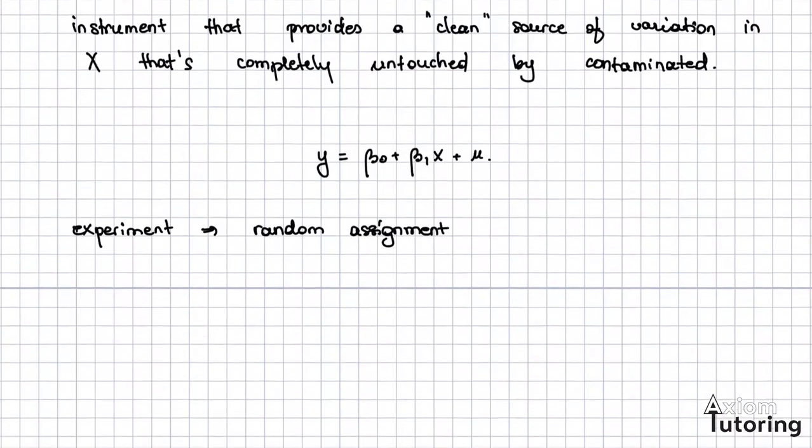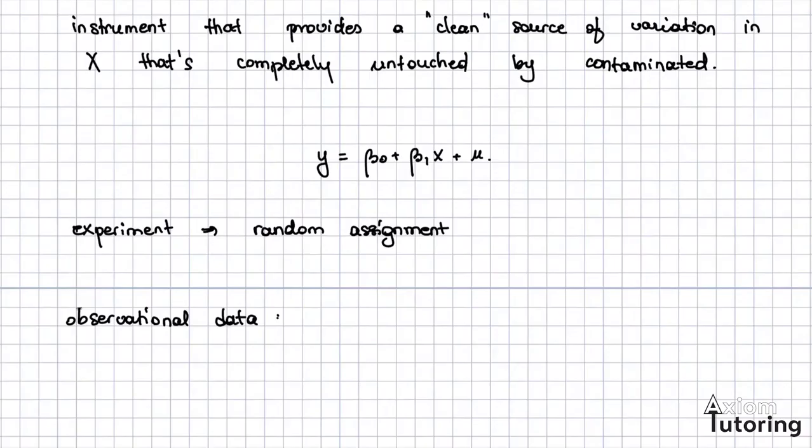However, with observational data, the story is a little bit different, right? Because ability moves with education. Income affects education. Motivation affects both. So we never observe pure changes in X. Everything moves together.